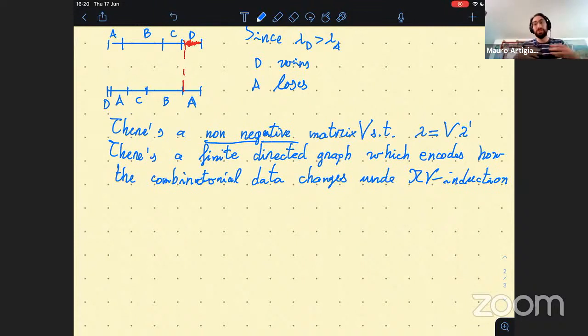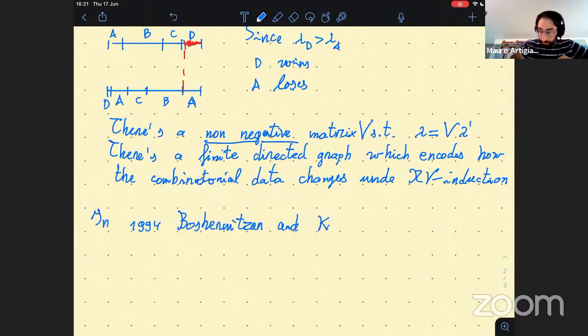Now let's go into the setup of our talk. We do not talk about interval exchanges, but actually what we did in our paper was study a more general class of transformations, which were introduced in 1994 by Boshernitzan and Kornfeld, who defined interval translation mappings.